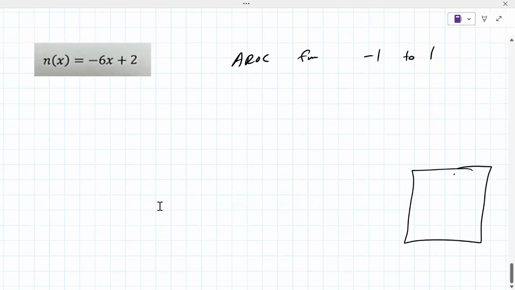So f of -1 equals 8, and then f of 1 equals -4. So let me write that. 8, 1, 4, and then it would be -4 minus 8. Is that your final answer?